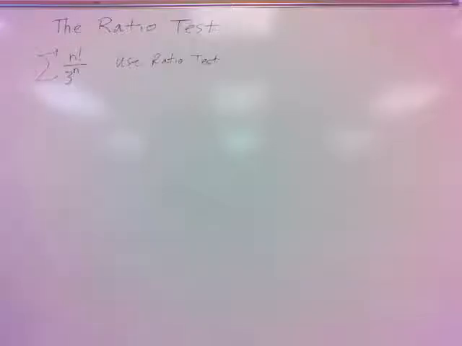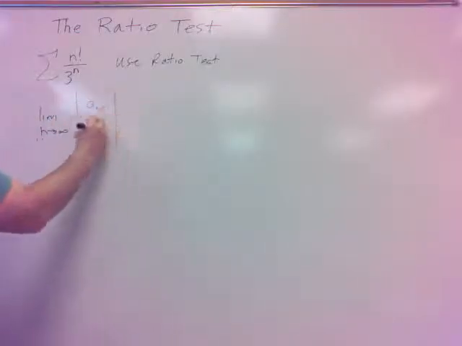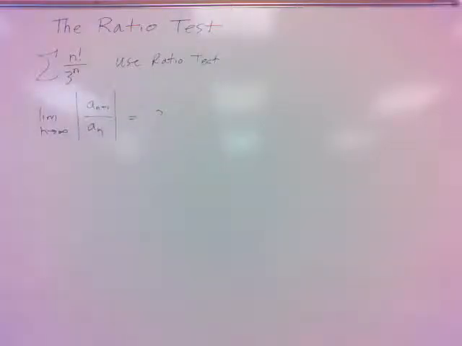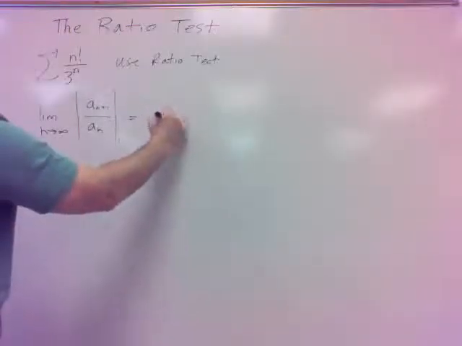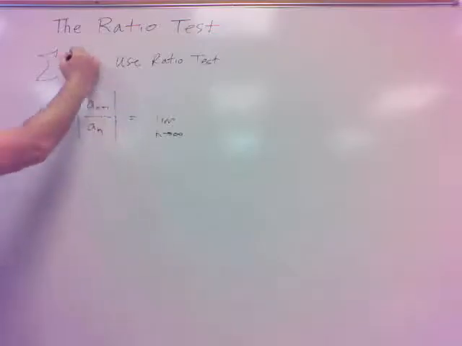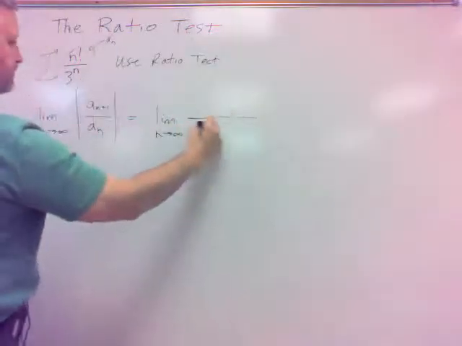Okay, so what do we want to do for the ratio test? Well, we want to look at the limit as n goes to infinity of the absolute value of a sub n plus 1 divided by a sub n. We want to know what that limit turns out to be. In this case, this is a sub n, so that's my bottom part.